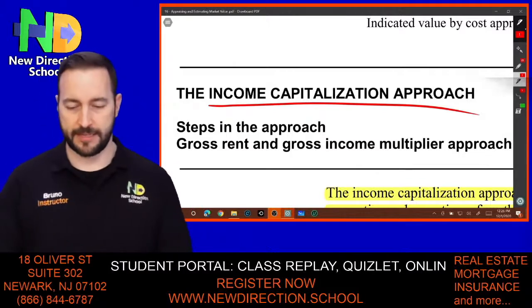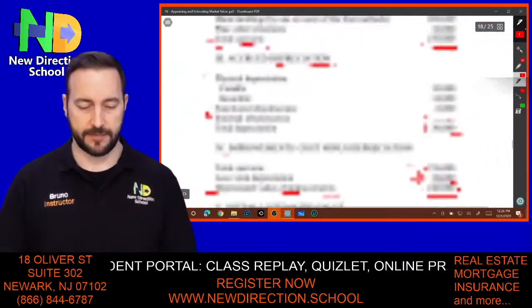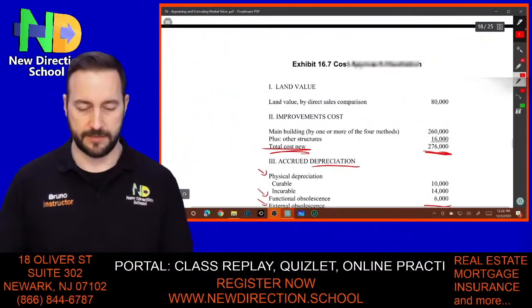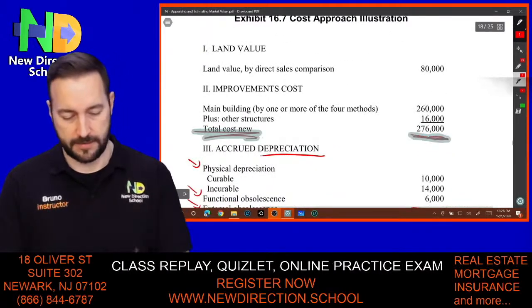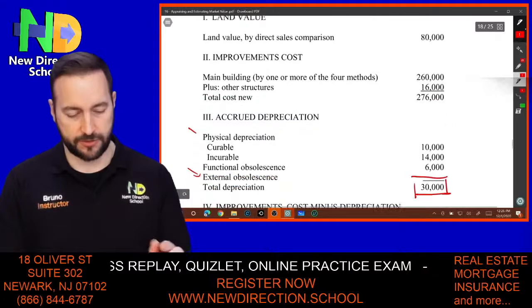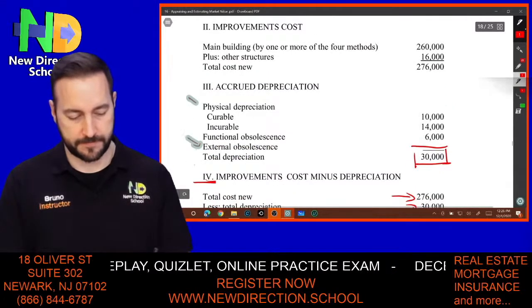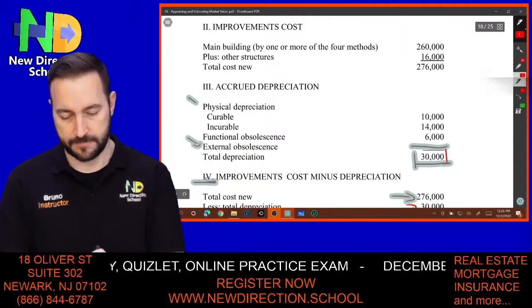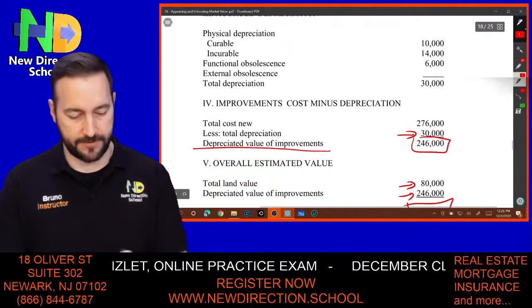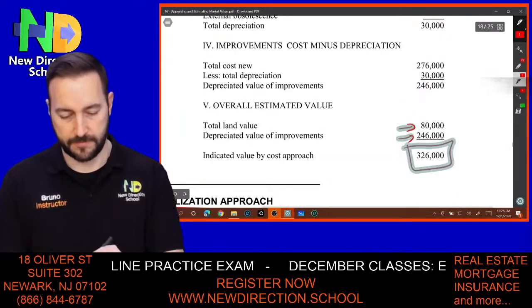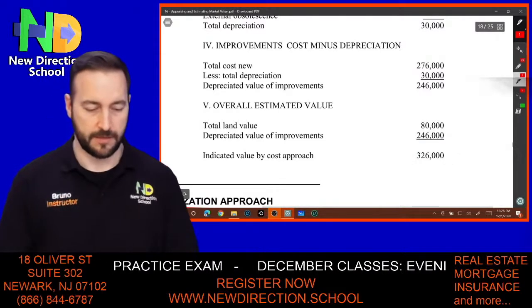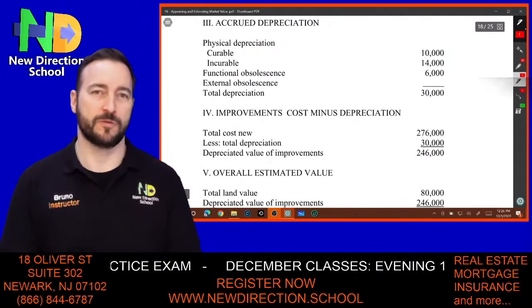Now, as far as this right here, Zeline, what I was trying to show you is that they give you all the info. Literally, all you have to do is remember the steps.